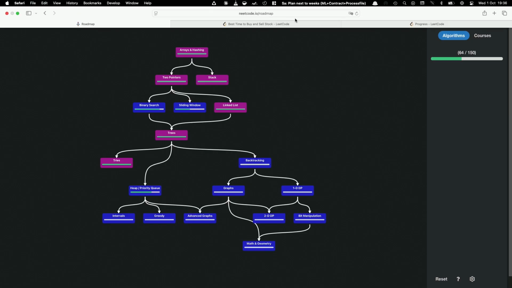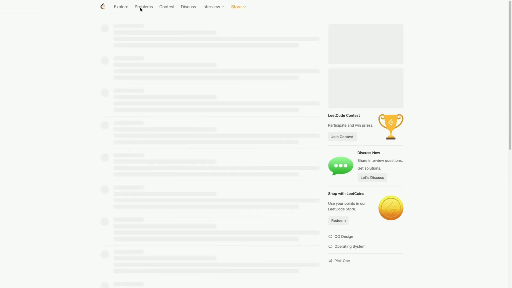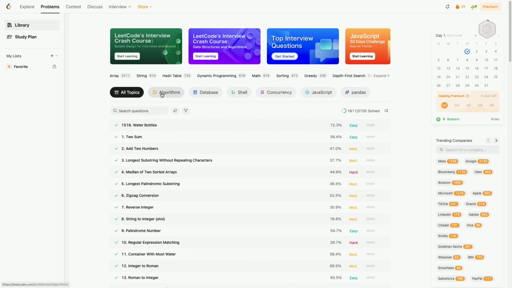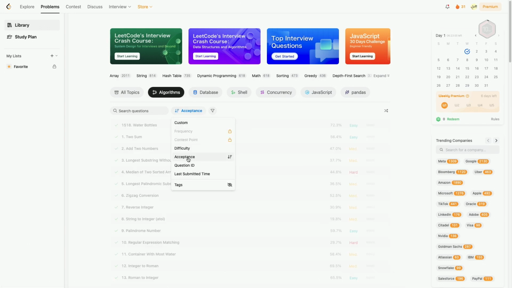And I think I've said it before, if you go to LeetCode and want to find problems to work on for interview practice anyways, the way to do that is, you click on algorithms first, unless you go into an SQL or an SRE interview or whatever. And then you sort them by acceptance rate.